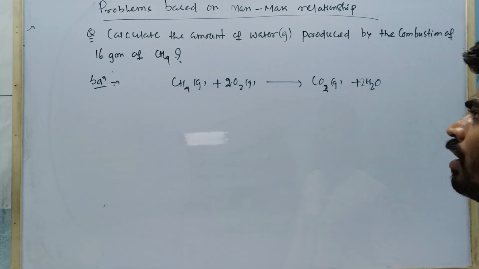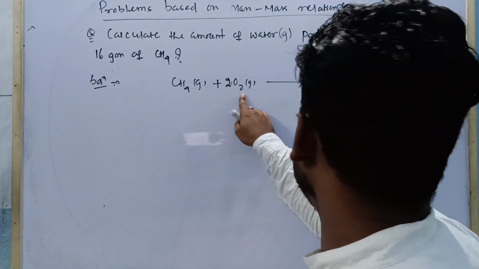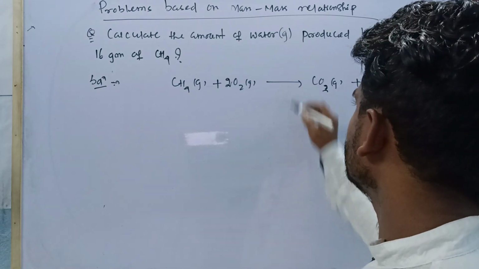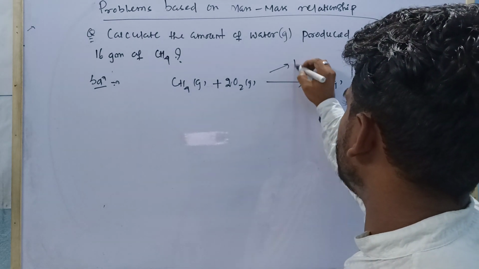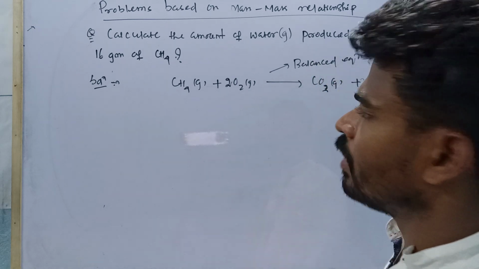Now carbon, hydrogen 4 and oxygen 4 are equal. This is the balanced chemical equation.